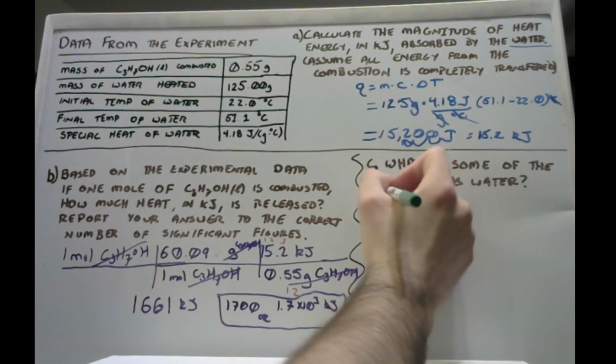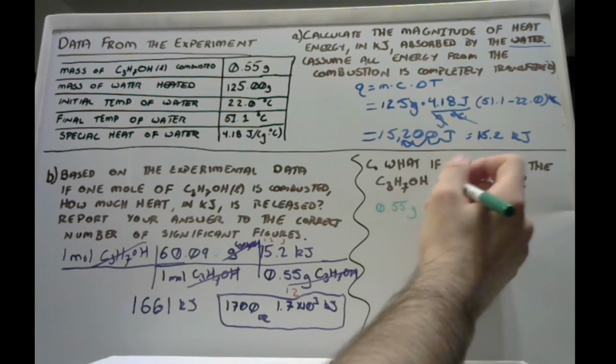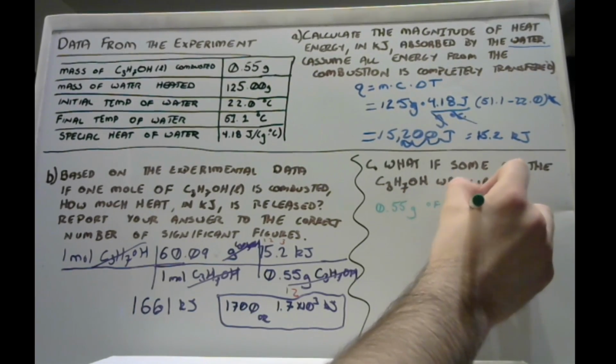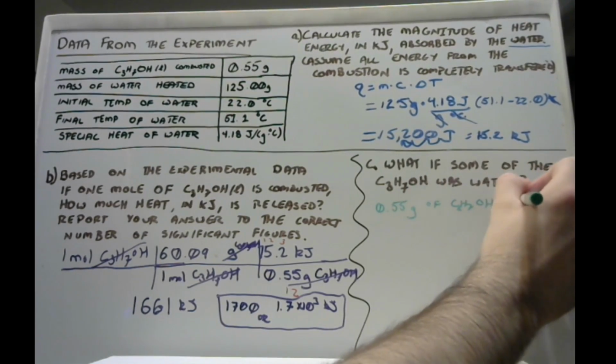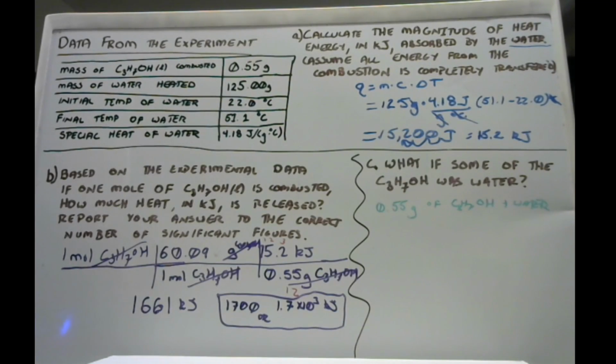You're burning 0.55 grams of propanol and water, which means some of that 0.55 grams is propanol and some of that is water. And even if we take the best case scenario where most of it's propanol, still some of that lost mass is water.